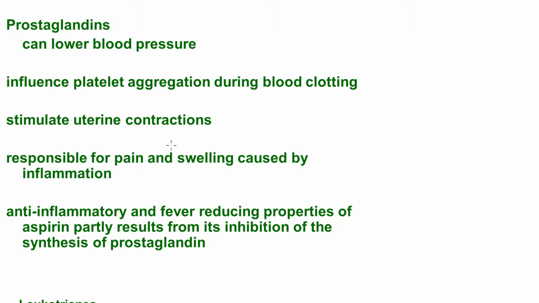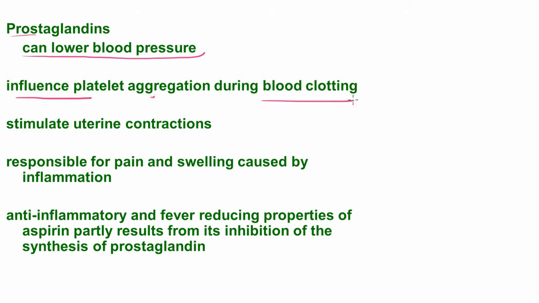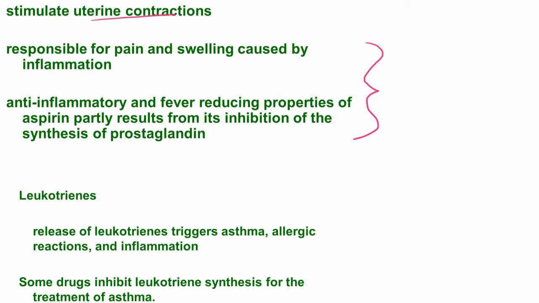So that way we feel pain relief and hopefully some relief with the swelling. Prostaglandins are also known to lower blood pressure, and they also influence platelet aggregation during blood clotting. They can stimulate uterine contractions. And again, in a previous chapter, we talked about how they work with pain relievers.